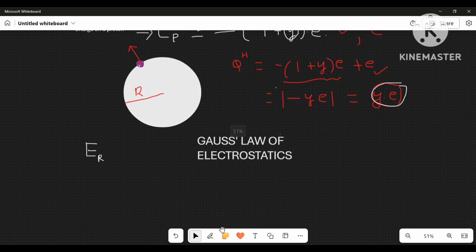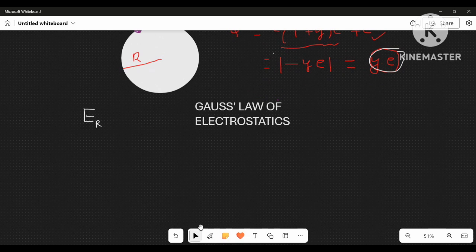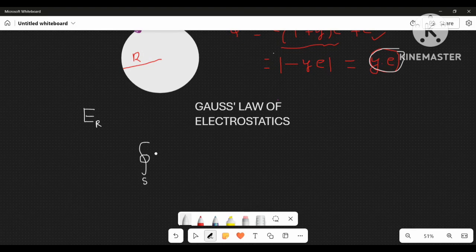Well, Gauss's law of electrostatics basically helps us to find electric fields by this expression, which we are all familiar with: the surface integral of the electric field times the elementary surface vector of the Gaussian surface considered equals the net charge enclosed by the Gaussian surface upon the constant epsilon naught.